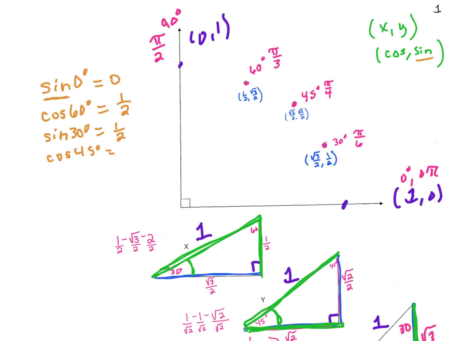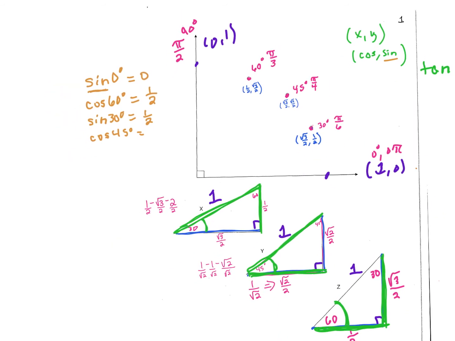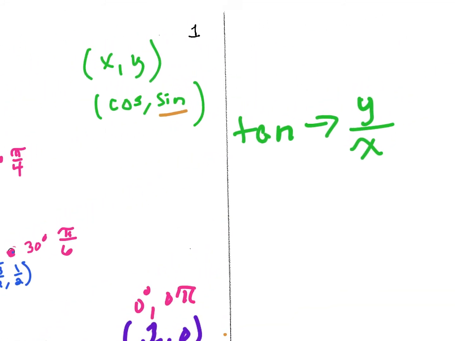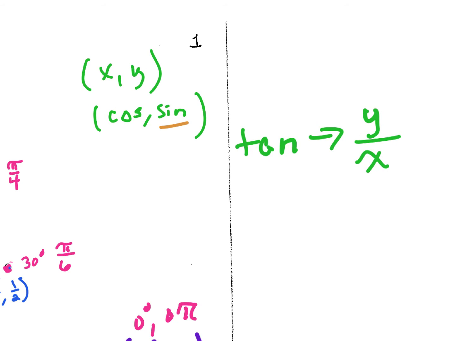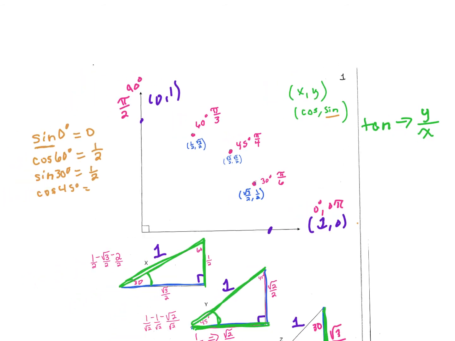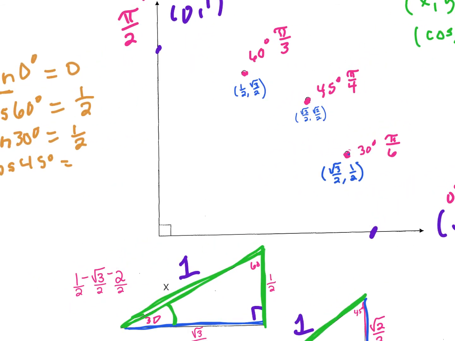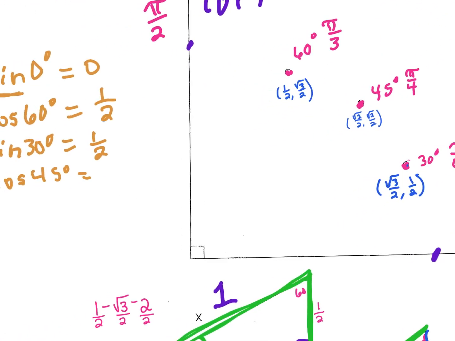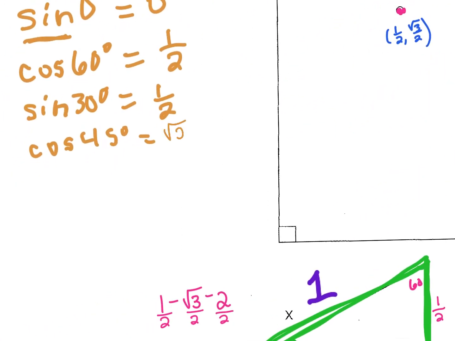Cleo, are we going to look at the x or the y for the cosine? What have we got up here? Okay, so we're going to look at the x-coordinate at 45 degrees, and we know that the x-coordinate at 45 degrees is equal to? There you go, you got it. Square root of 2 over 2. Perfect.